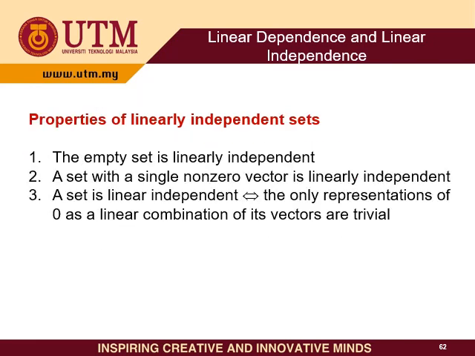There are three properties of linearly independent sets. First, the empty set is called linearly independent. A set with a single non-zero vector is also linearly independent, and a set is linearly independent when the only representation of 0 as a linear combination of its vectors is trivial.